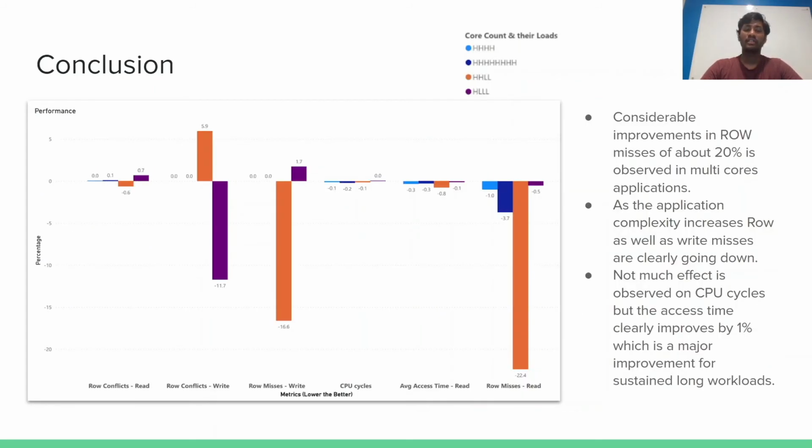As you can see in the graph on the screen, it is based on the metrics of the system, which tend to be near 0. So as you can say, the lower the line is, the better the system is. On the orange graph, you can see an equal share of high loads as well as low loads working 2 on 2. We can see that there's a drastic improvement in the system, where row misses for the reads have been decreased a lot, up to 20%, and also the row misses for the writes.